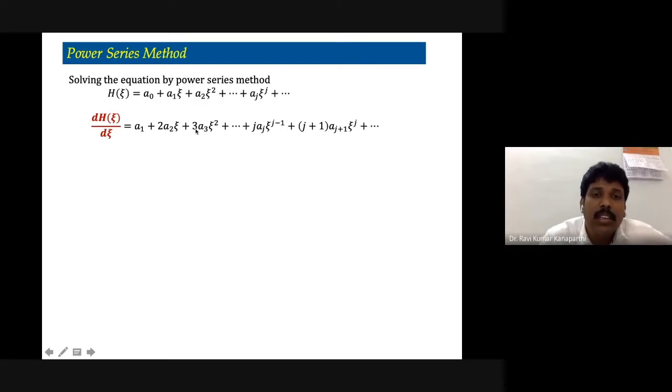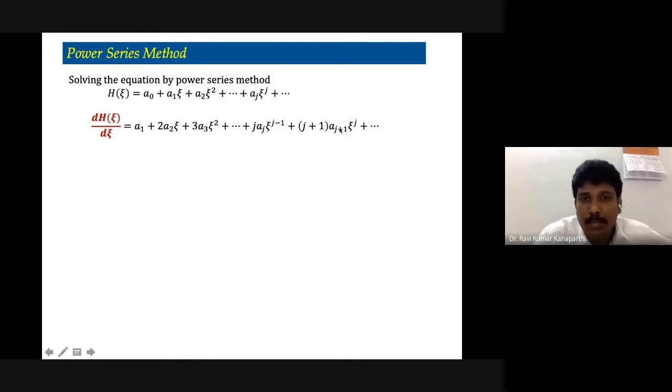As you can see here, a general term can be written from this. There is a difference of one between the power of z and the coefficient index.